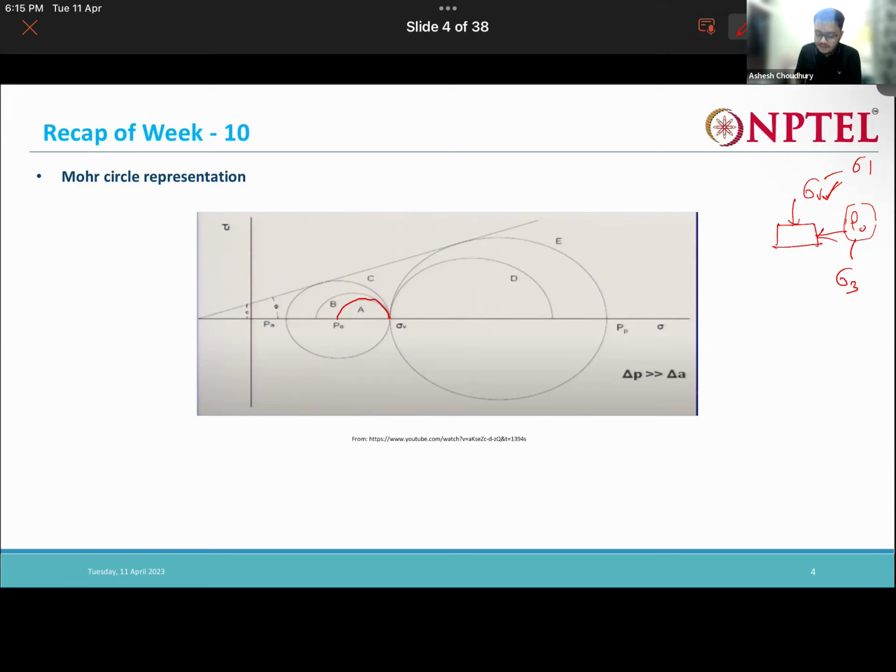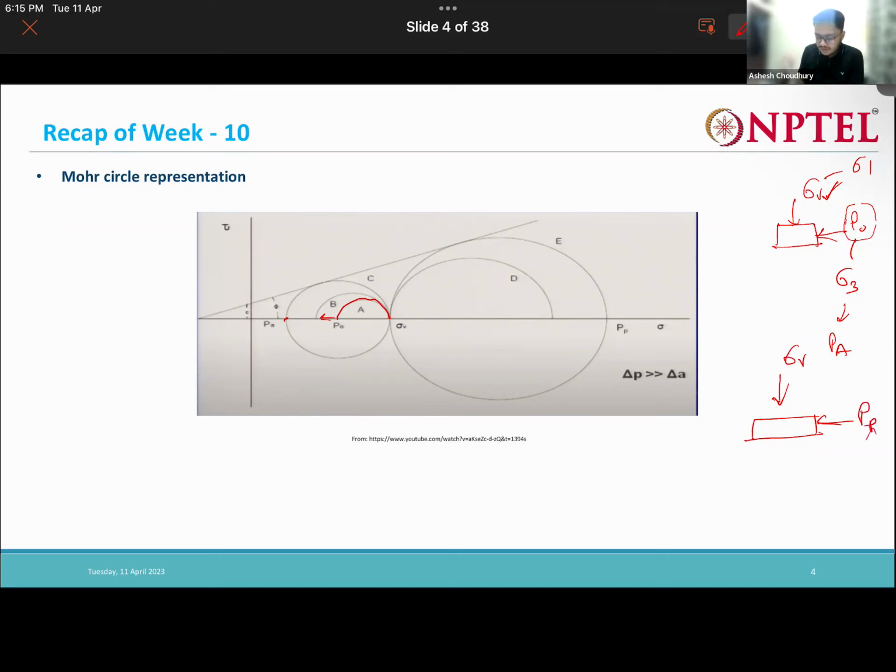Now what will happen if you keep on further reducing this P naught, we will reach this PA point. So this will again be the sigma 3. We are reducing this, so we will reach this PA point. This will be my active case, and these circles represent the active earth pressure. And what will happen in the passive case? In the passive case, you have a vertical stress acting and you have the passive pressure, right?